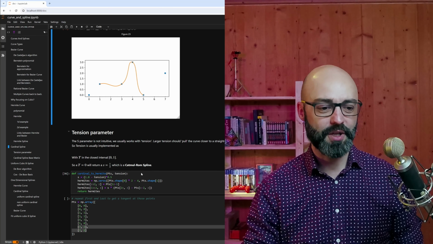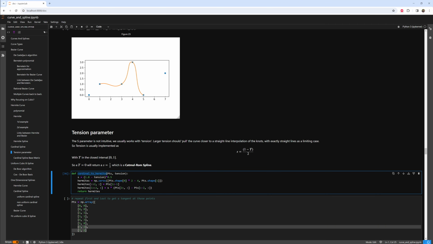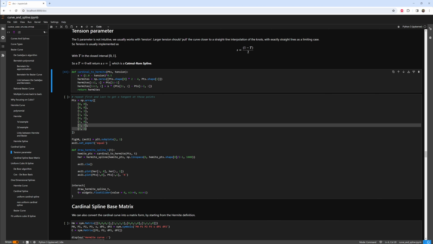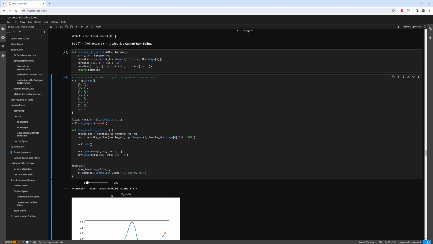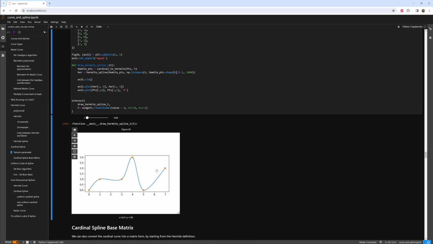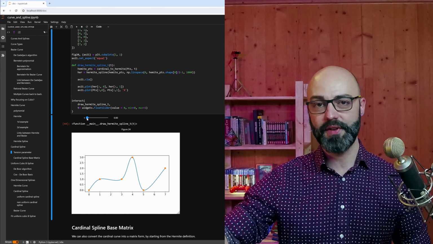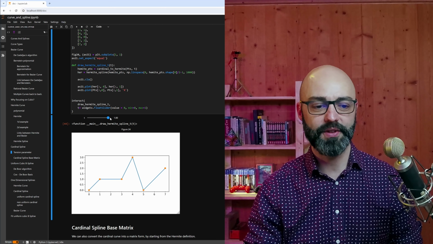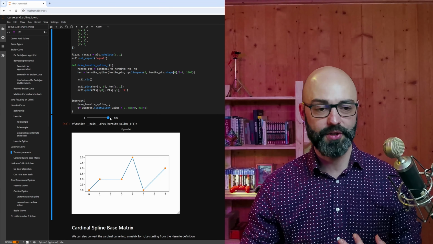That's it. So what I have now is my function that is a cardinal to Hermite. Again, it works the same way. I give it a list of points and it returns a list of points and derivatives, except that I pass the tension in directly, and I compute my S using my tension, and then everything else stays the same. So if I execute this, and I execute my functions, now I have a function that is drawn, and you can see that with a tension of 0 I have smooth curves, and with a tension of 1 I have linear segments.